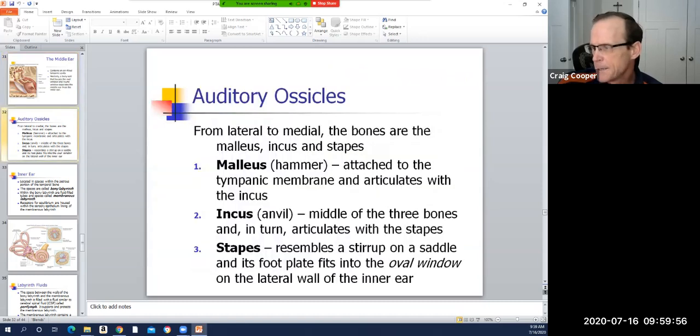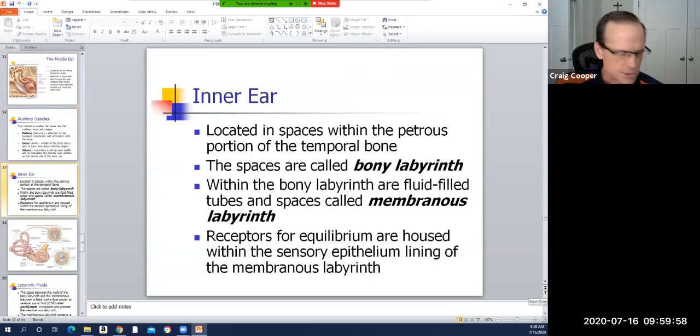All right. The inner ear is the trickiest part. It has the most to it, and is the hardest to understand. Is there a question? I heard some background. Guess not. All right, so we've got these things that are called labyrinths. A labyrinth is like a maze, just a convoluted space with a lot of twists and turns that's hard to navigate.